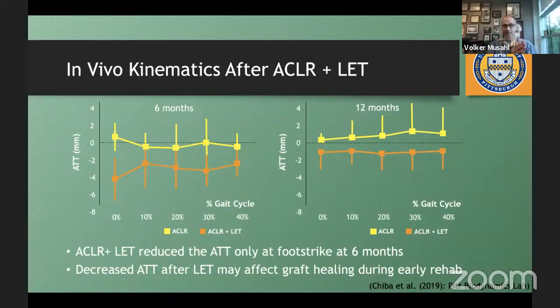So when this data came out at 6 months, I was getting really nervous. This may be too tight. And again, we applied our procedure by all the principles I discussed earlier from the consensus group, where we said we were fixing this not very tight and in neutral rotation and all that stuff. But then the image on the right, you can see this then normalized at 12 months.